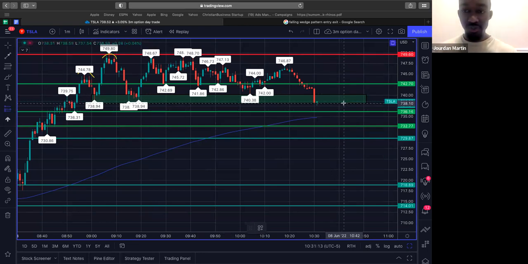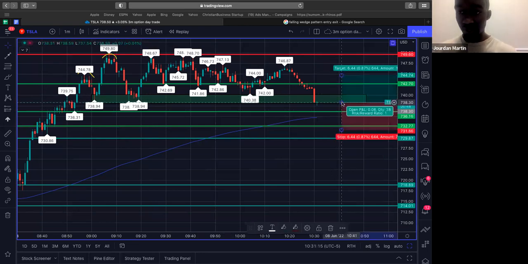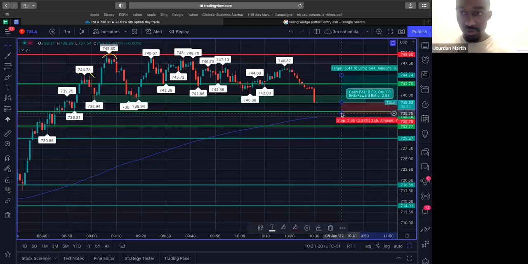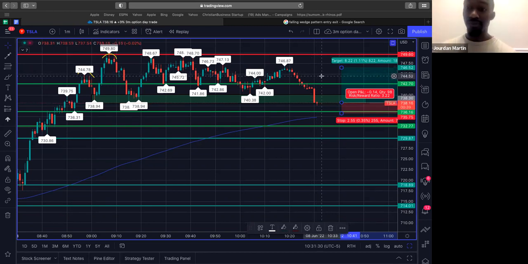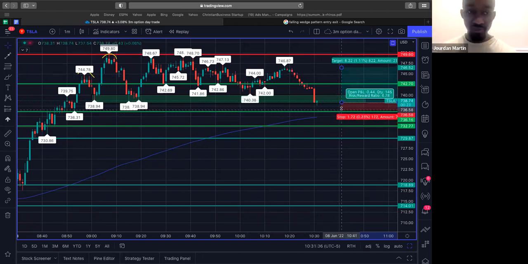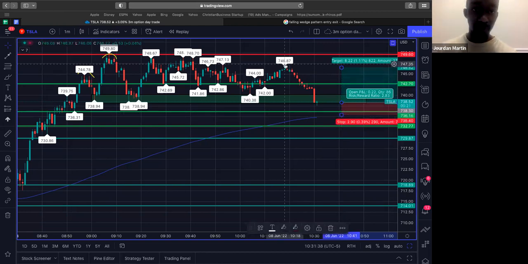But looking at it from a risk to reward standpoint, entering here at 738 with a stop loss at 736, and then with the target back up here at 746, your risk is 3 to 1, right? So you're risking essentially $1 to get through. So it's not bad. If you catch the move, your stop loss is really, really tight. So it's no big deal, really, if you do drop.